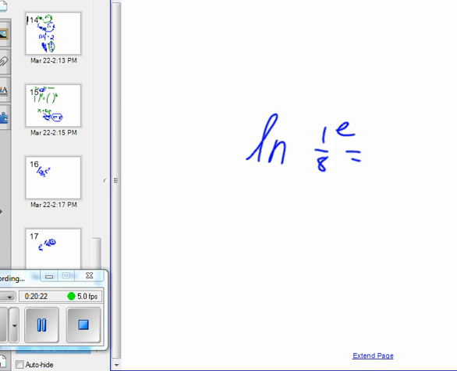Okay, so first off, ln gets changed to log base e, and I have 1/8 to the e. Now, let me ask you this. Are the bases the same? So this doesn't work. Now, if you said, you have to figure that out, Mr. Server, I could figure it out. I would just set it up this way.